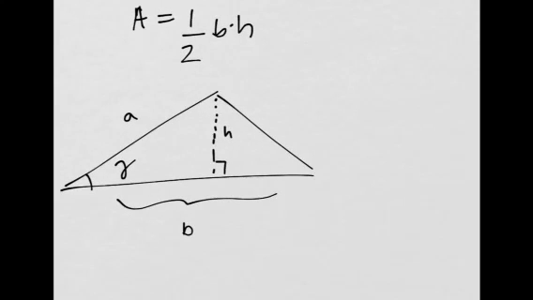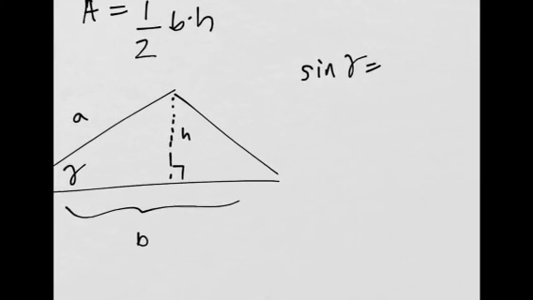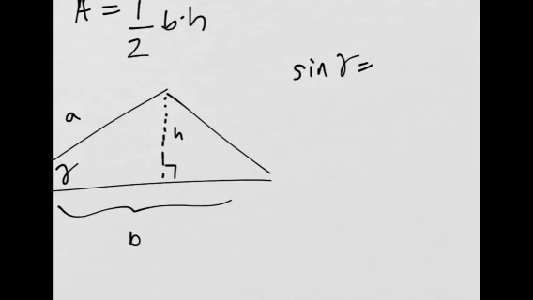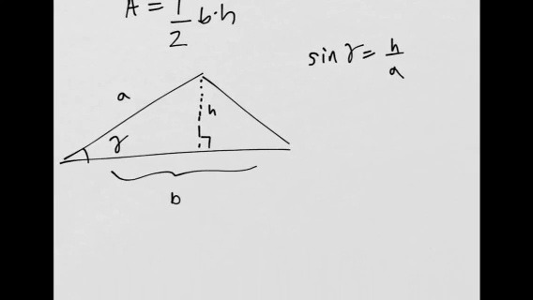For this picture, what's the sine of gamma? So just from this, sine of gamma is H over A because it's the opposite over the hypotenuse. But that's just for this smaller triangle, yeah? But the H is the height of the bigger triangle.